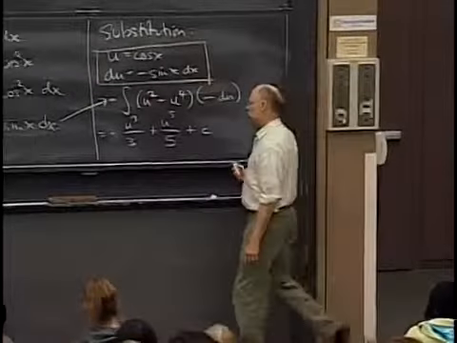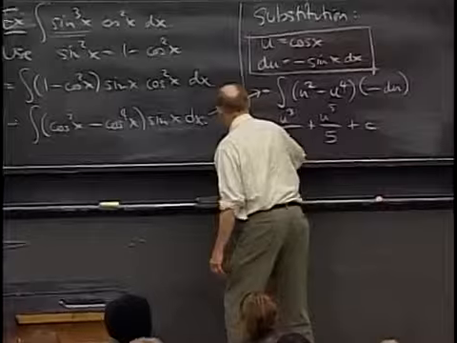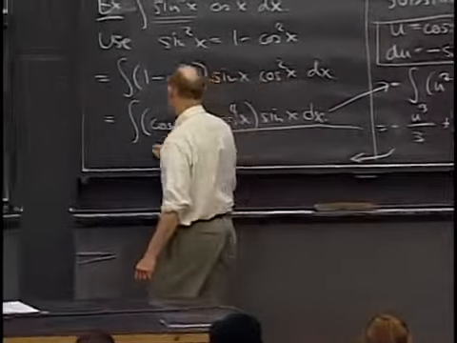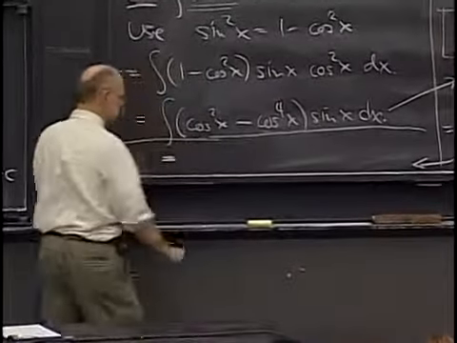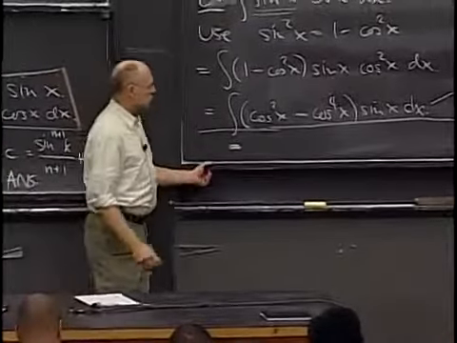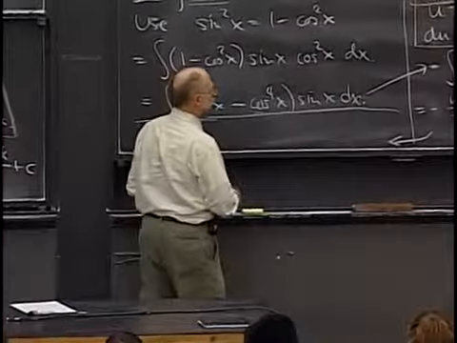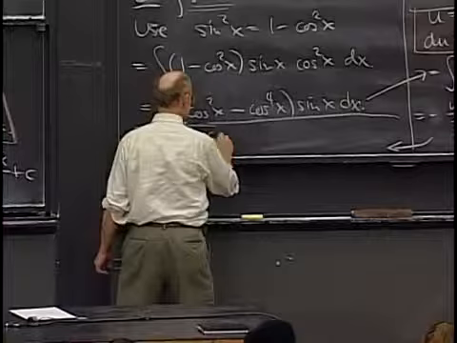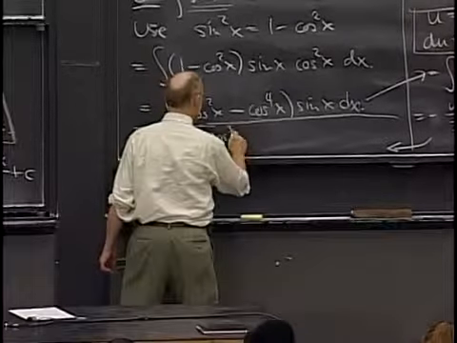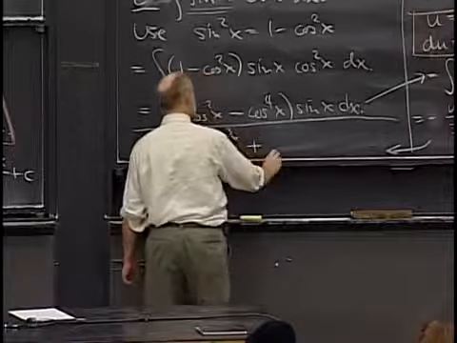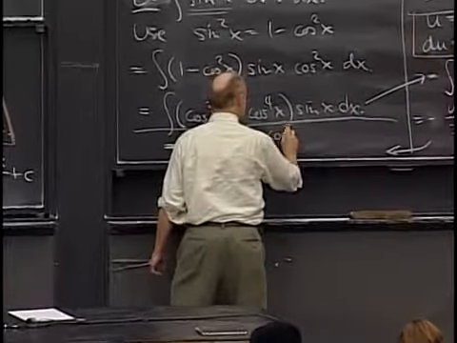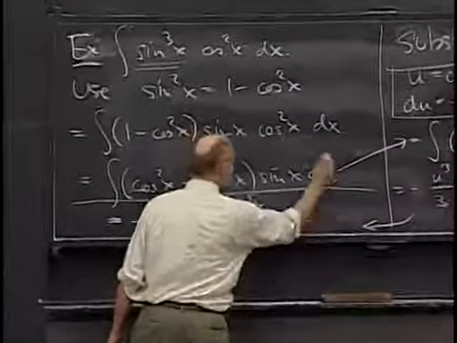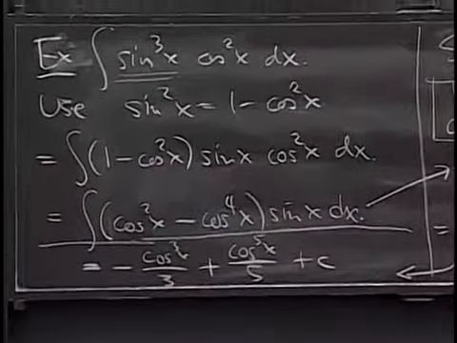Thanks. So let's back substitute, and I'm going to put that over here. And the result is, well, I just replaced the u by cosine of x. So this is minus cosine cubed of x over 3 plus, thank you, cosine to the 5th of x over 5 plus a constant. And there's the answer.